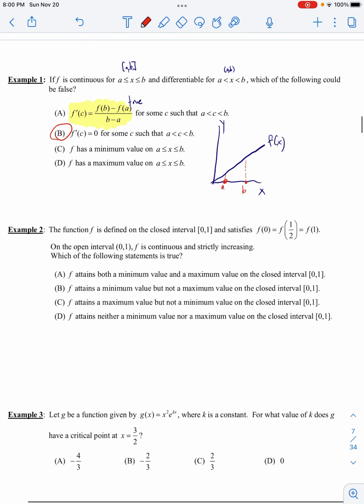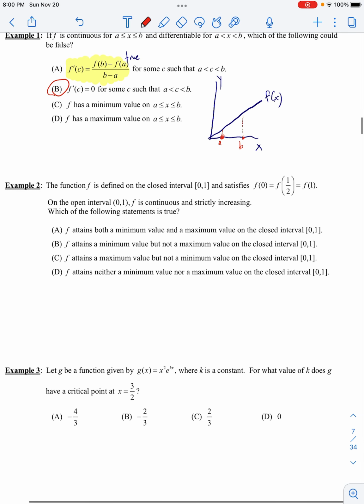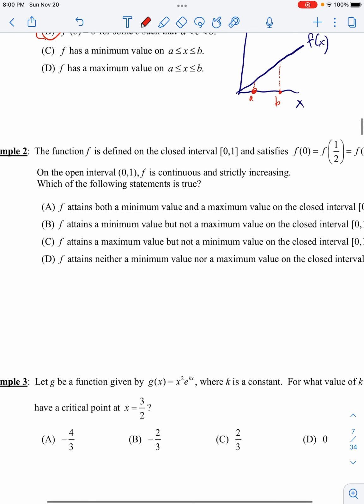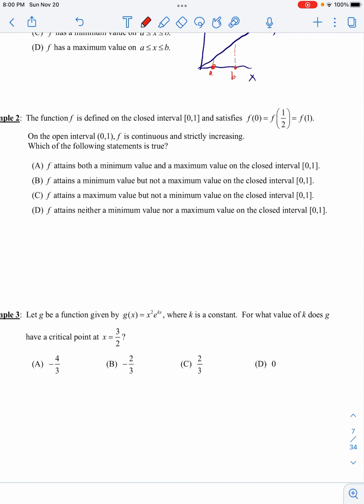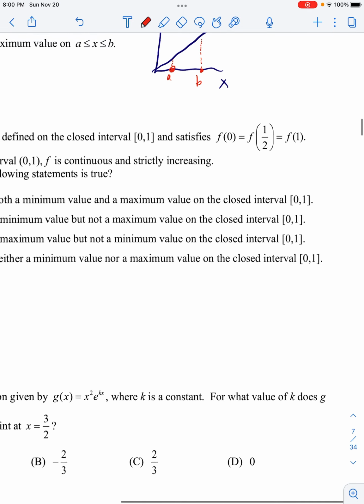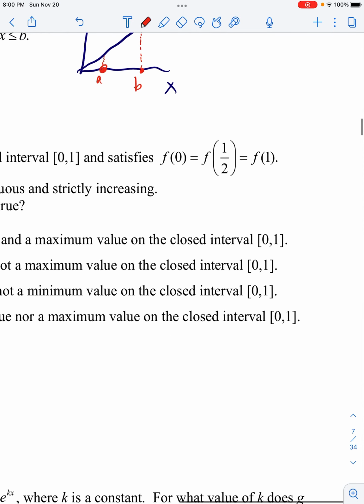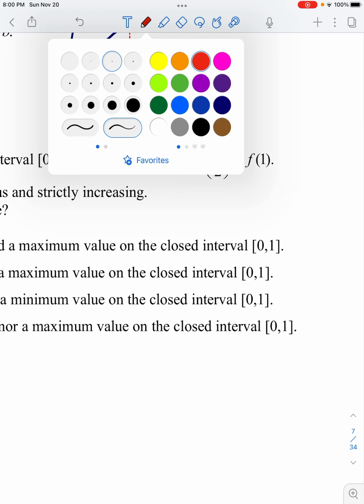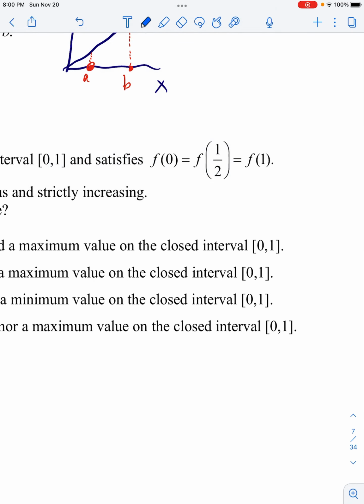All right, example 2. Function f is defined in this closed interval and satisfies f of 0 equals f of 1/2 equals f of 1. So the points (0, y), (1/2, y), and (1, y) all have the same y value.